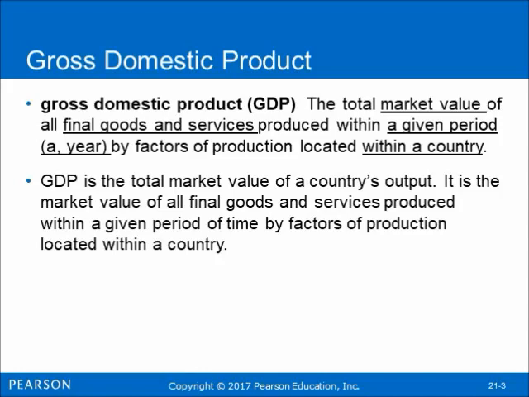Second, GDP is a measure of final output. Third, GDP is a measure of current output. And finally, GDP is a measure of domestic output.